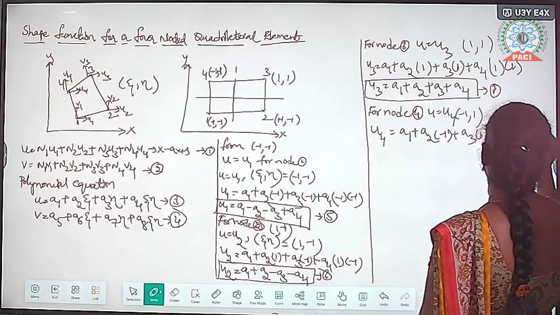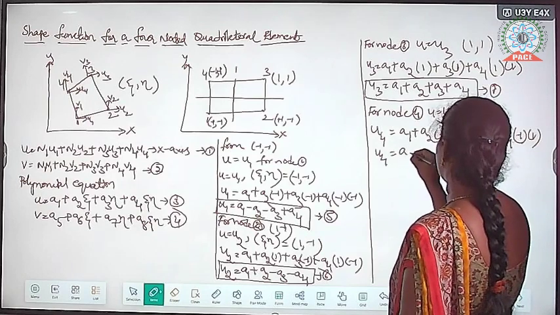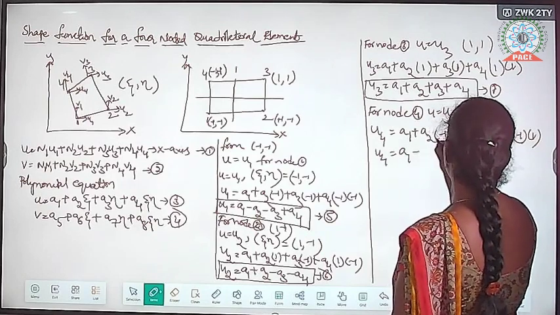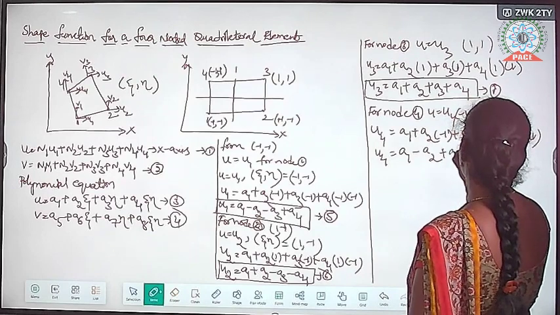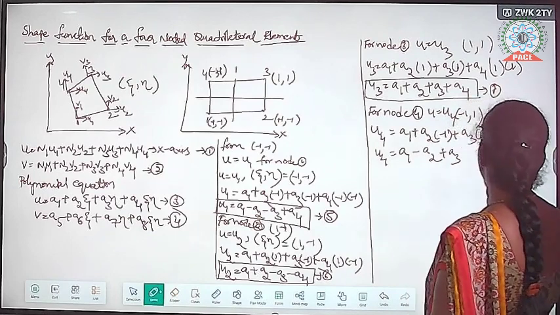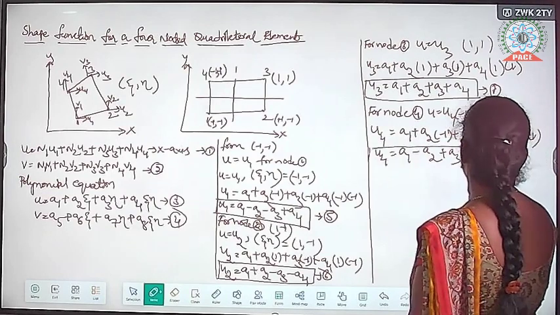So u4 is equal to a1 minus a2 plus a3 minus a4. This is the equation number 8.